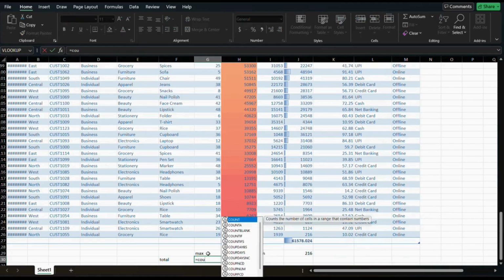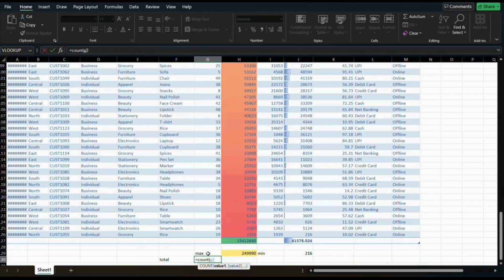Finally, I am using count to check how many transactions are in the dataset. It gives me a total count of sales entries.